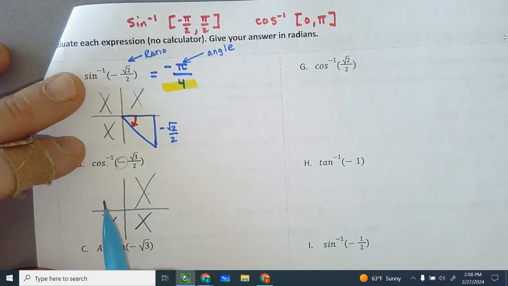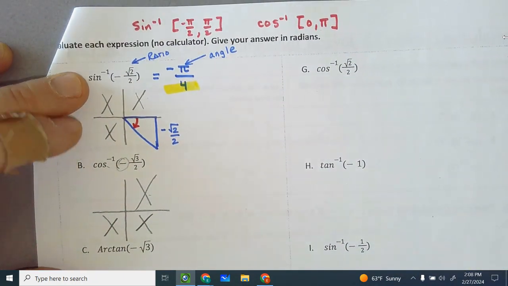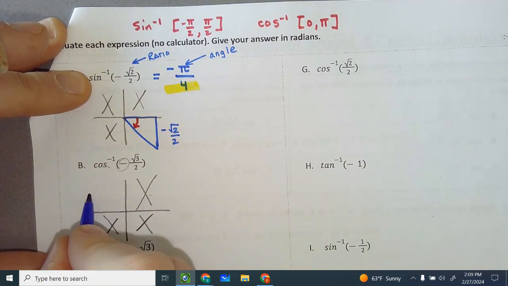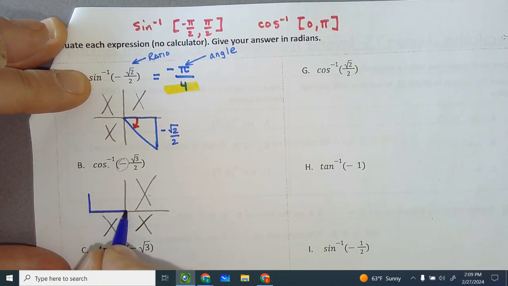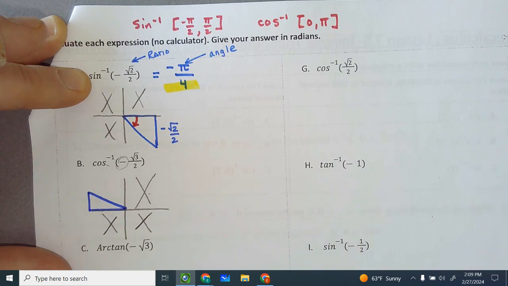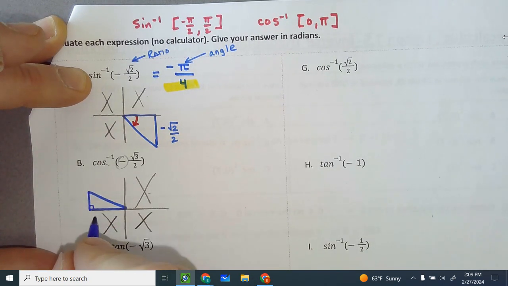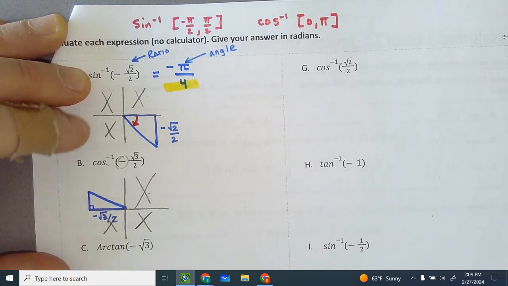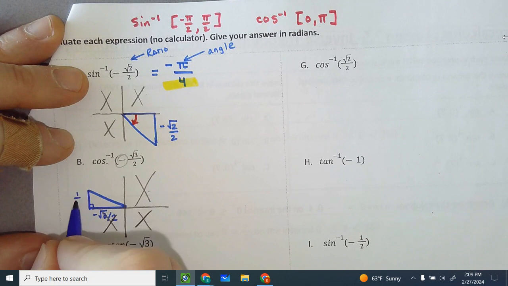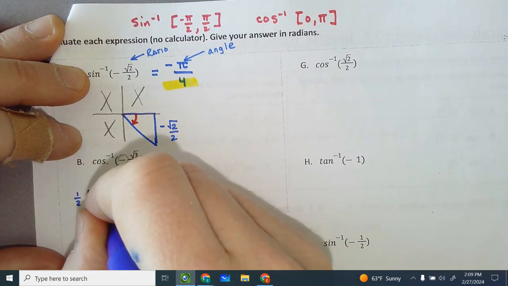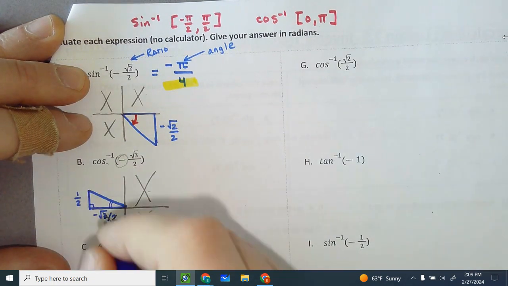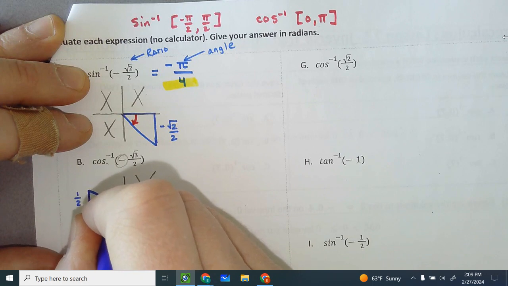Cosine is the x value, and x is negative over here. Step 3. Draw a triangle in the second quadrant. The x value is going to be negative roots of 3 over 2, which means this has to be 1/2, which means that this reference angle right here has to be 30 degrees.